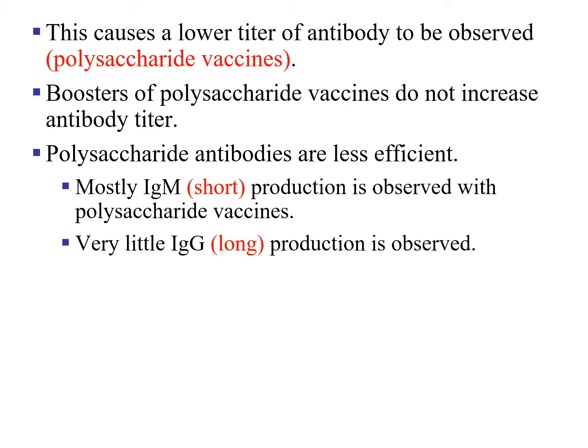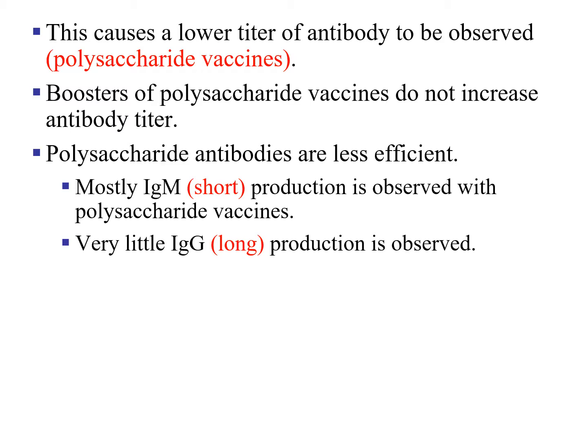Boosters of polysaccharide vaccines do not increase the antibody production. It does not produce the amount of antibodies seen. Polysaccharide antibodies are less efficient. Most immunoglobulin M production is observed with polysaccharide vaccines, and these are the short-lived immunoglobulins.